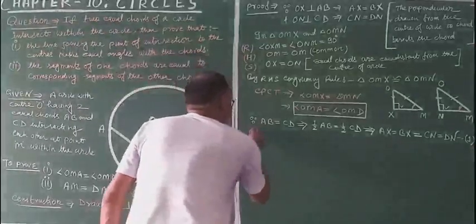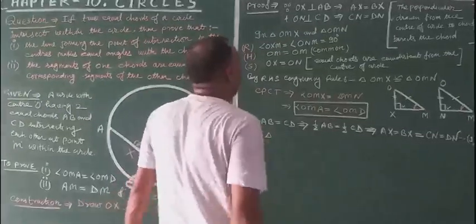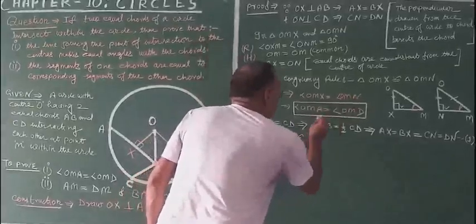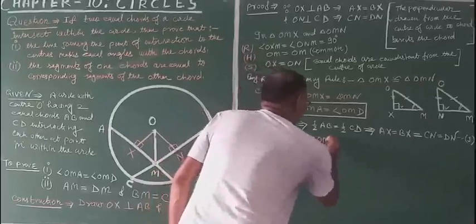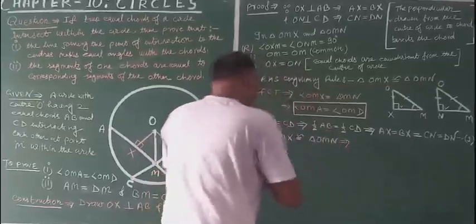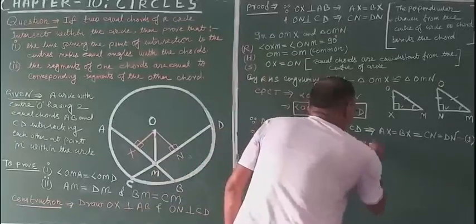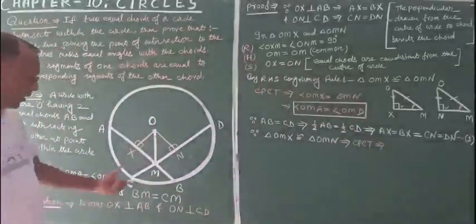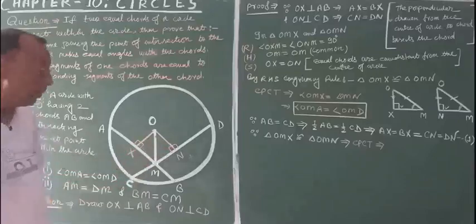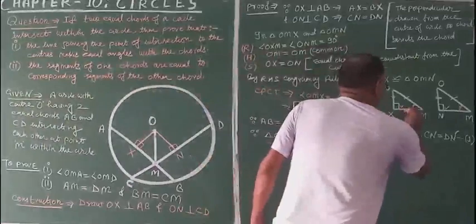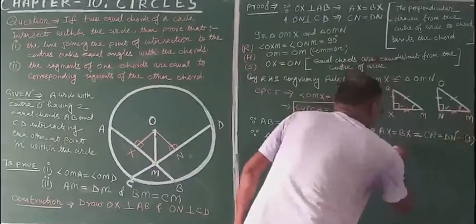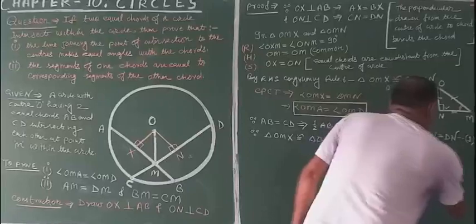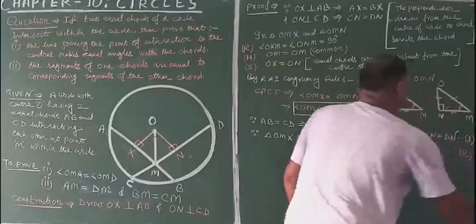Also, since triangle OMX is congruent to triangle OMN, you can declare this MX will be equal to MN. This is equation number 2.